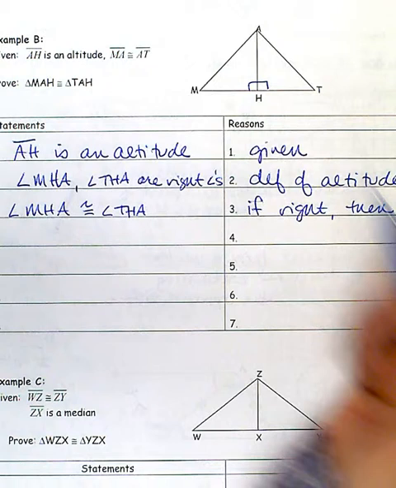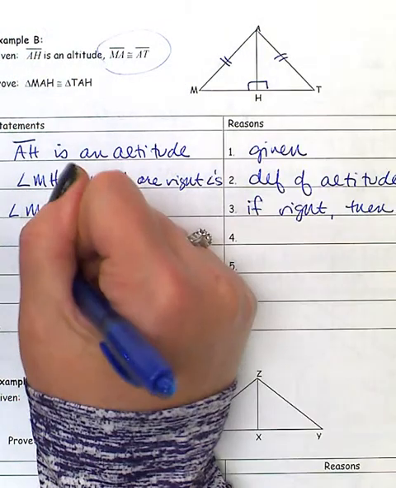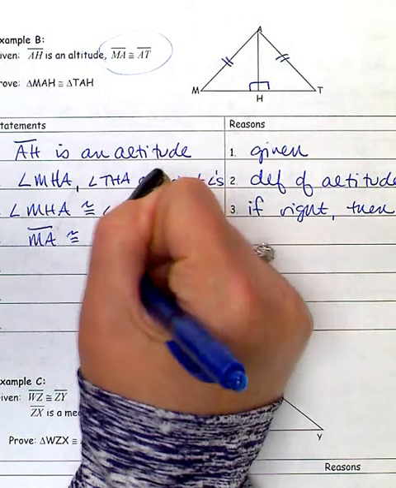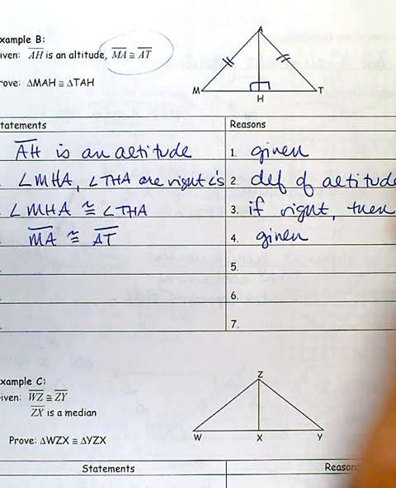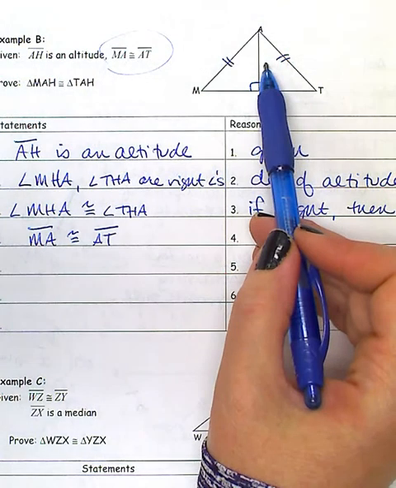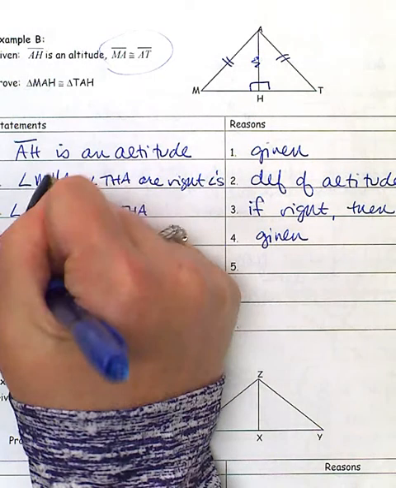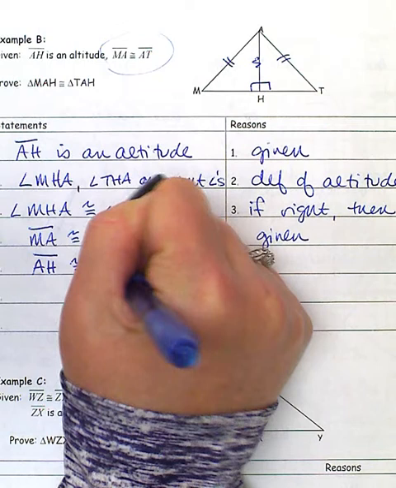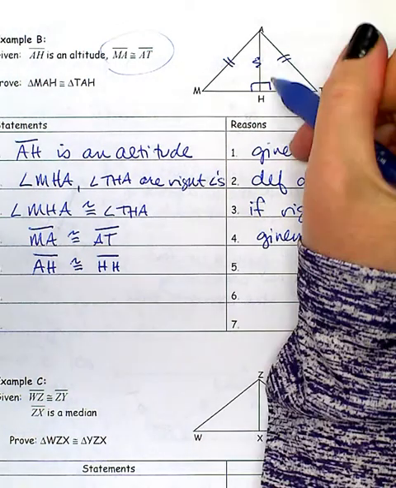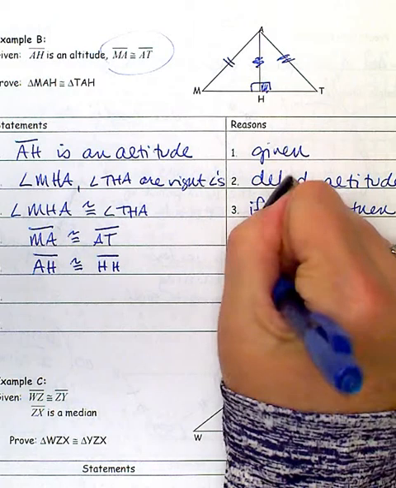Okay, what else do we have given? MA is congruent to AT. Given. So then you can take a step back and say, even if I do reflexive here, SSA is not a method of triangle congruence, but the whole point of getting a right angle, a leg, and the hypotenuse allows me to use RHL.